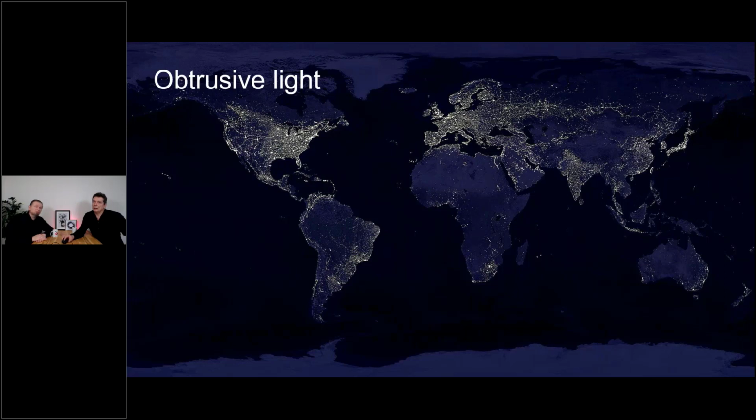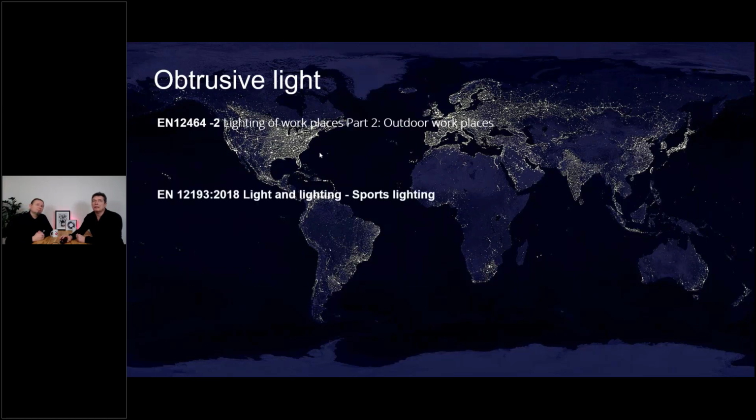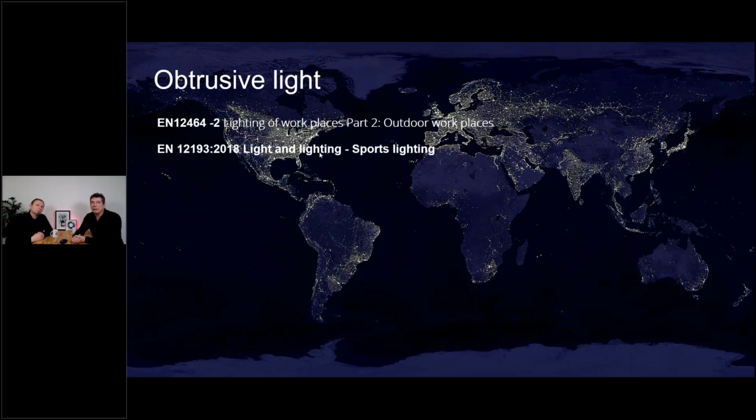When we look at the standards, we will see that in the existing standards there are a lot of places where requirements or restrictions for this kind of obtrusive light appear. For example, in EN 12464 part 2, the lighting of outdoor workplaces, we will find a table with requirements. Similarly in sports lighting, also in the existing standards.